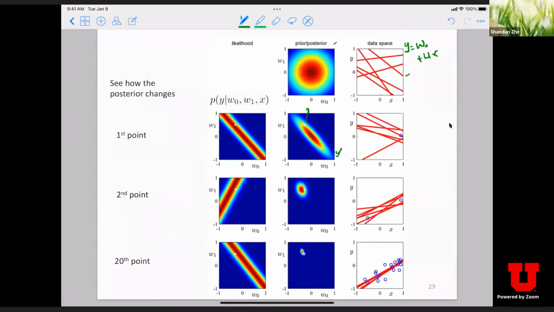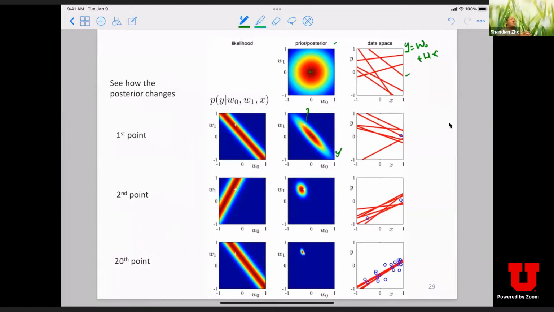At the beginning, in the prior, our mean is at 0, 0, which is quite far away from the ground truth W0 and W1. But after observing one data point, you can see that the posterior mean has changed.